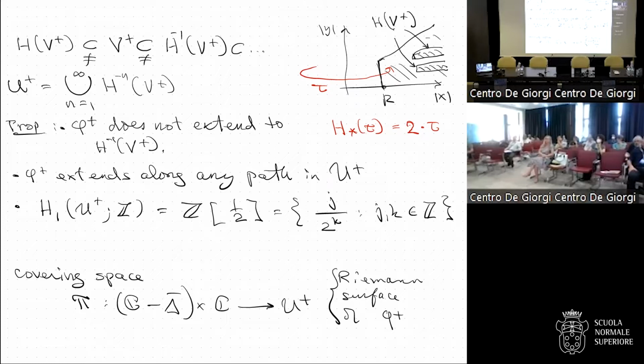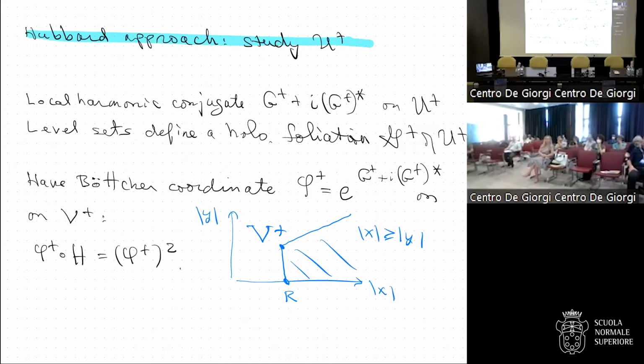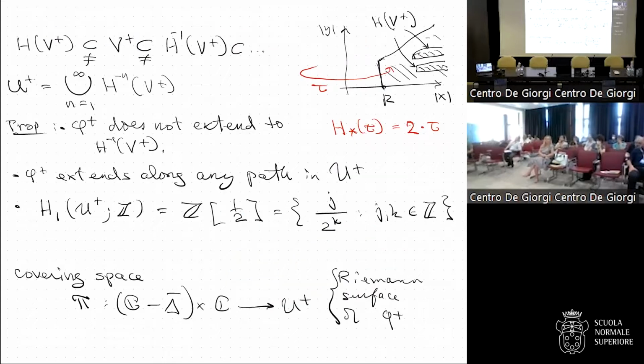And it's not hard to see that the function phi plus that I just defined back here, defined in V plus, in fact, if you iterate, if you take the pre-image of V plus, that's an h to the -1, phi plus does not extend, but it does extend as a multiple valued function along any path. And the topology here is not finitely generated as an additive group.